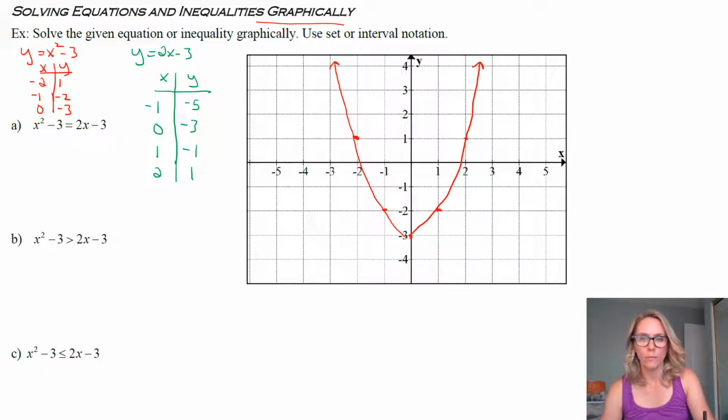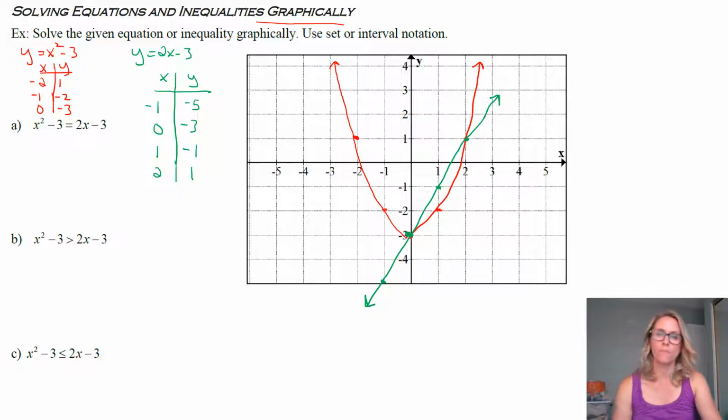So -1, -5, so I'm just making it to the bottom of my graph. 0, -3, oh, okay, that's a huge point. 1, -1 is here, and then I have 2, 1. So here is my line. And extend that. And now, just from that, we can answer the questions that we have.